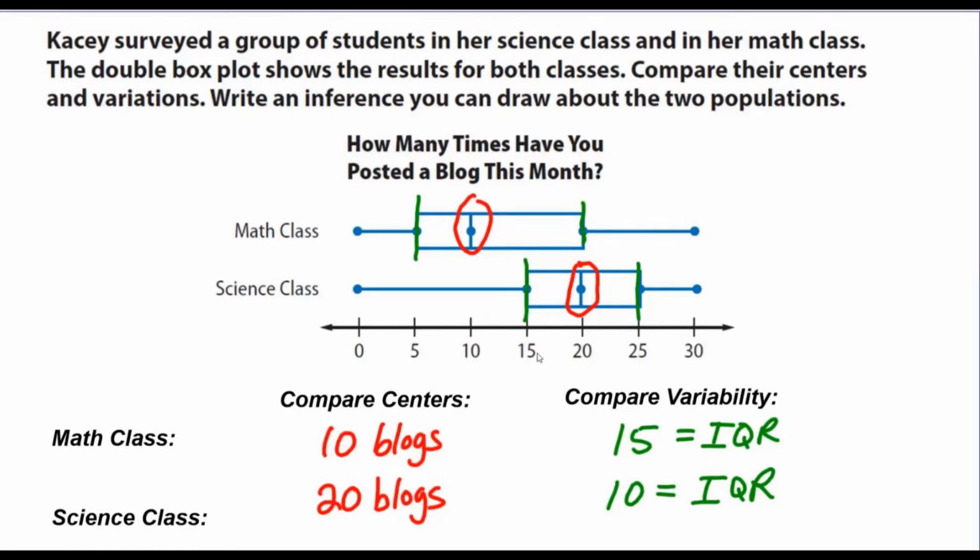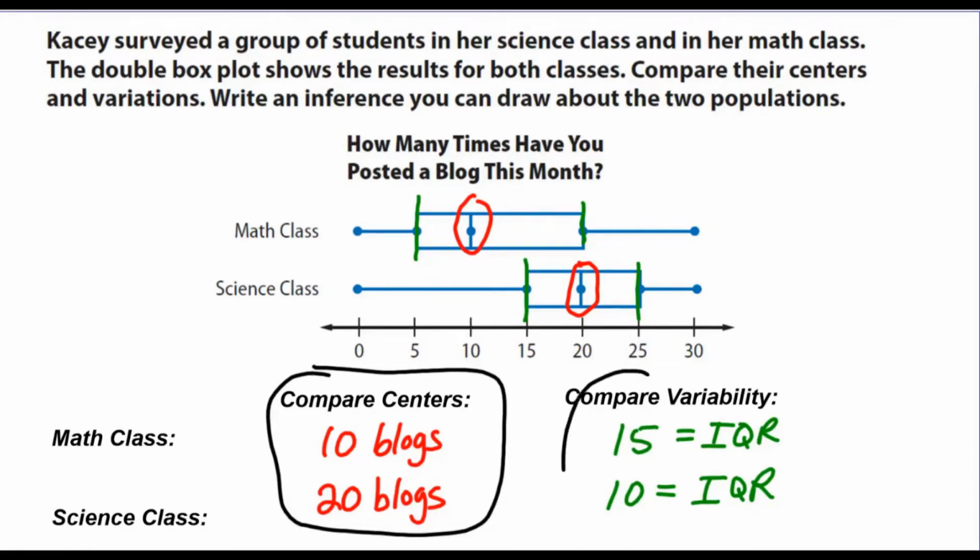So looking at the centers, what can we say? Well, it looks like the science class blogged more. That's an inference or a conclusion we could draw, that the science class typically blogged more than the math class. And then what can we say about the variability?